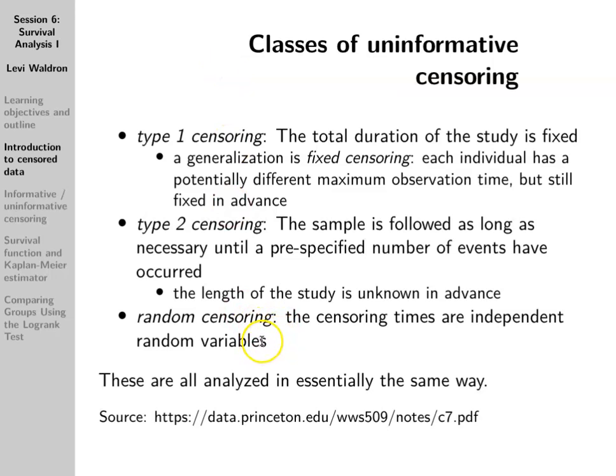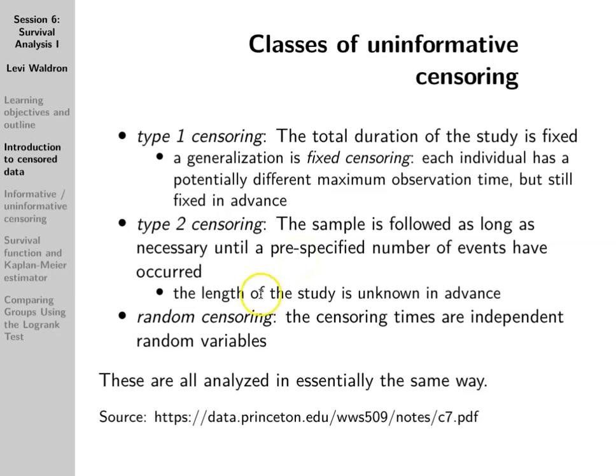And then a third type of censoring, which is relatively common, is random censoring, where the censoring times for each individual in the study are random. They're independent random variables, so they occur at various times that are randomly determined. They're not preset by the duration of the study, and they're not set by how long we go for reaching a pre-specified number of events.